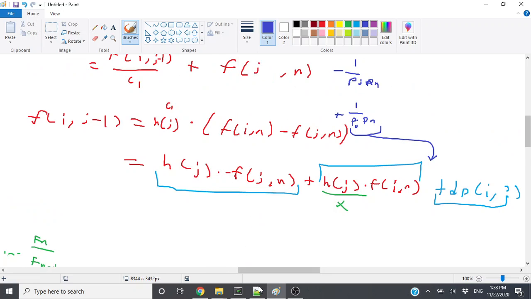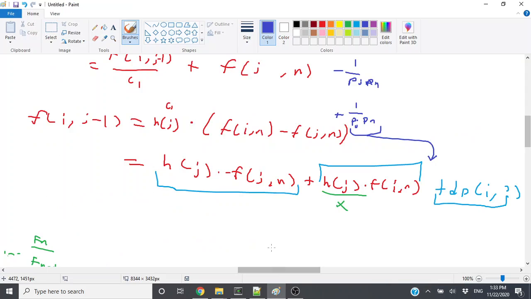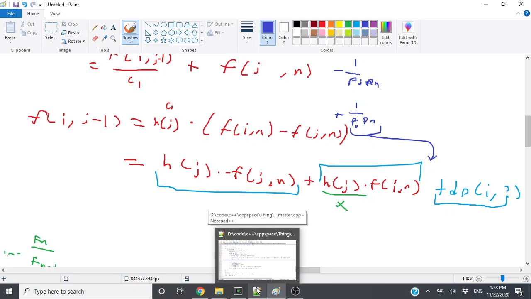So we have h of j times negative f of j of n. F of 1 to n should be that. In fact, it would be the same as this, which, does that make sense? We're looking for f of 0 to 1 somehow. dp of that is 0.